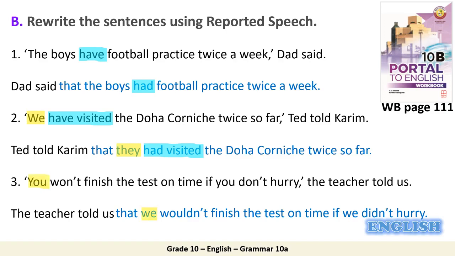Very good. So you becomes we, won't becomes wouldn't, the modal verbs. What else? You becomes we, and finally don't becomes didn't. So the present simple don't hurry becomes past simple didn't hurry. All right.